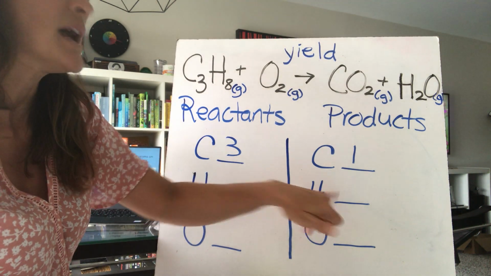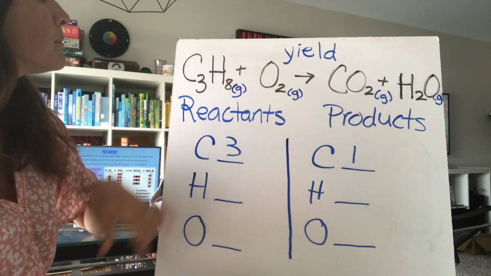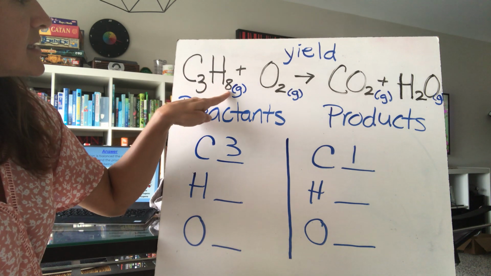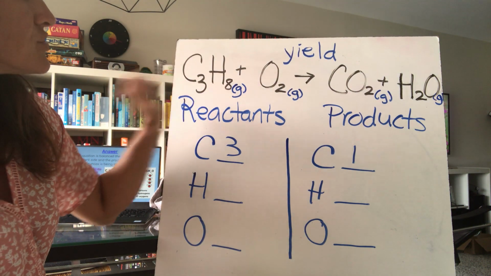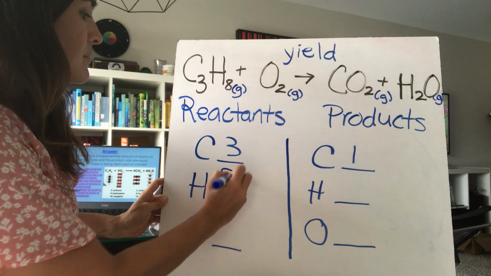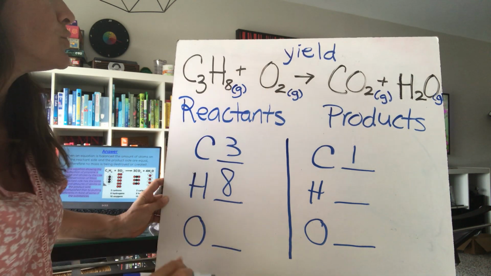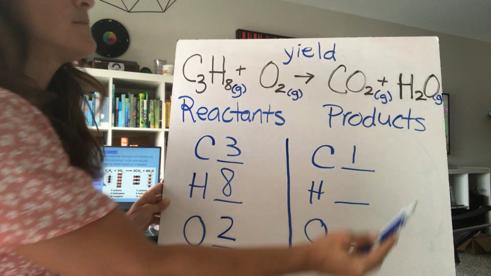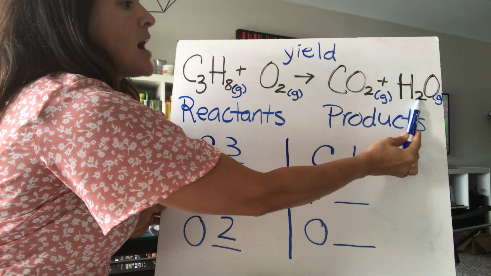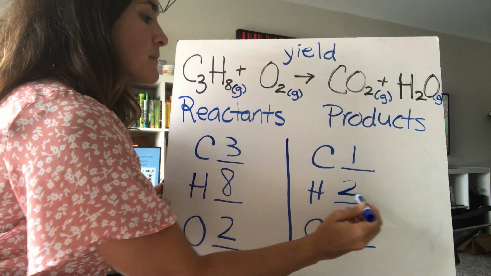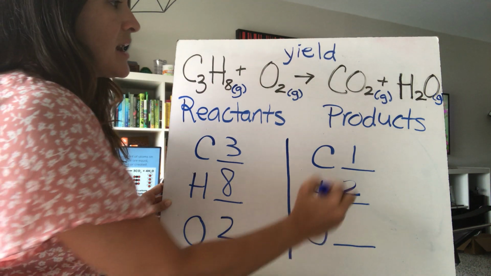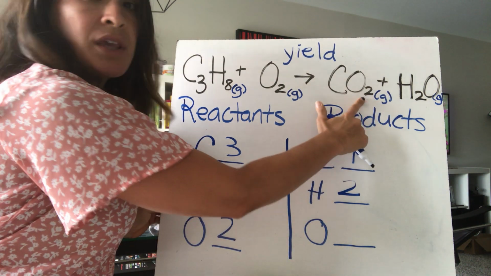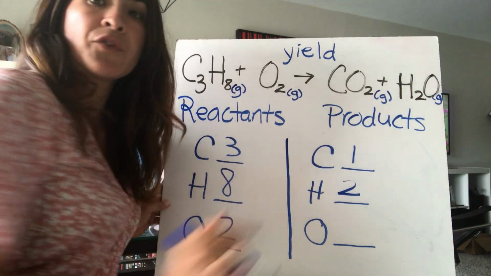Let's count how many hydrogens we have on each side. On the reactant side, I see an 8 here. So there are 8 hydrogens. I see a 2 for oxygen. On the product side, there are 2 hydrogens. And as for oxygens, there are 2 here, but then there's 1 more over here.